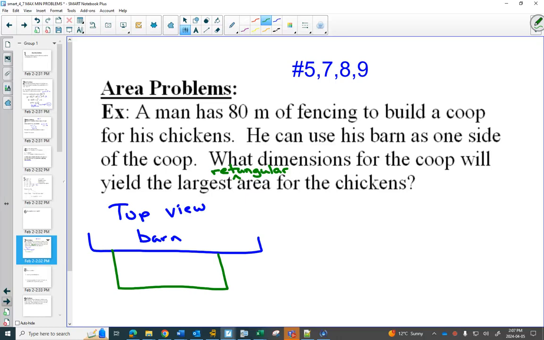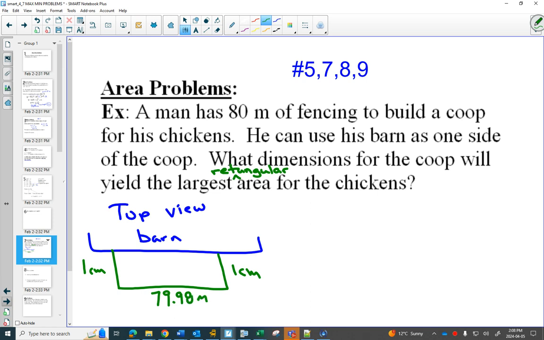If you make, for example, a very bad chicken coop, let's do some examples. You've got 80 meters of fencing. Here would be a very bad chicken coop for your chickens. You decide to only do 1 centimeter here, 1 centimeter here, and this ends up being 79.98 meters left.